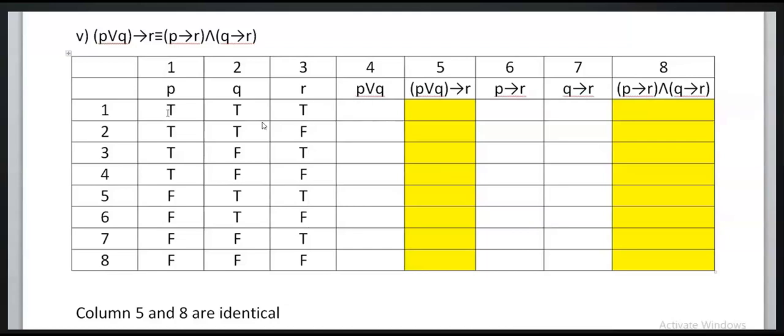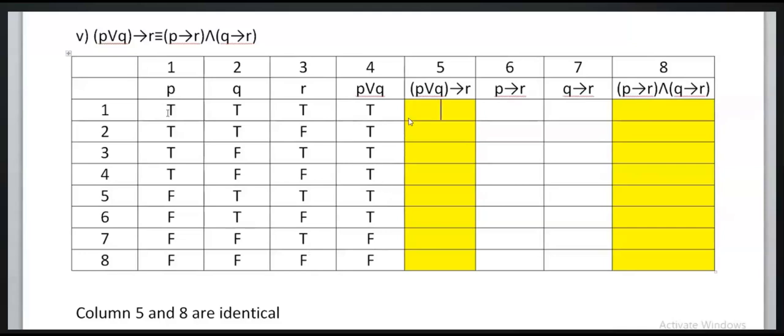And next is P or Q: T, T, T, T. What about the next? Last two will be FF because both of them are false.